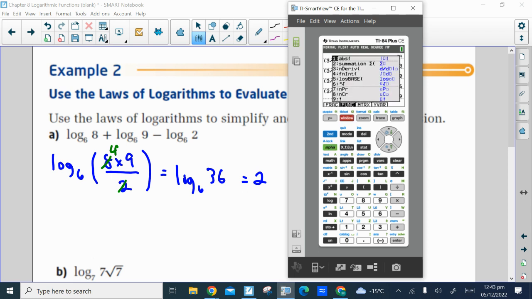If you have the newer operating system with the log function built in, log base 6 of 8, which would be an irrational number if you evaluated that on its own, but we're going to finish this off. Log base 6 of 9. Try that again.